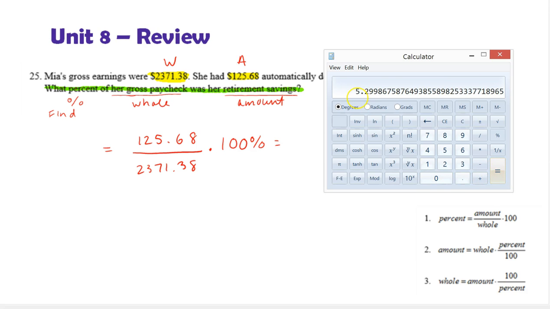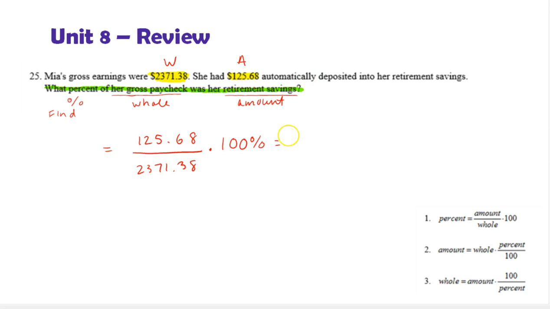We're going to round this to two decimal places. So notice we have 5.29. The 9 rounds up, so that's going to round up to 5.3%. I don't think it told us what to round to, so it's 5.3%.